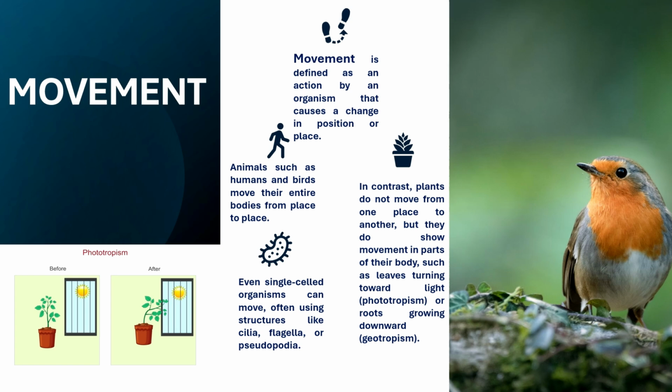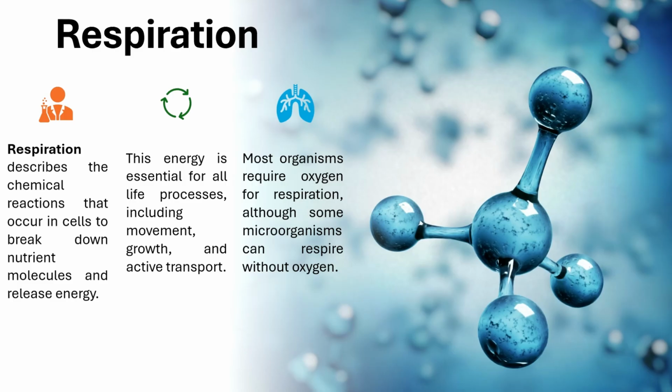Even tiny single-celled organisms move. They use microscopic structures with cool names like cilia, flagella, or pseudopodia. So remember, movement does not always mean traveling. It can simply be a change in the position of a leaf or a limb. Now let's move to the next letter, R, and talk about how organisms get their energy.